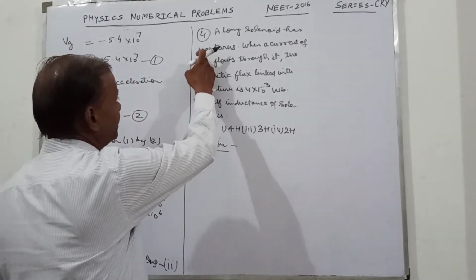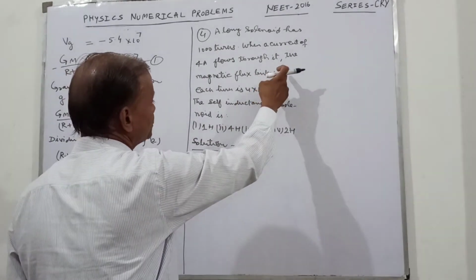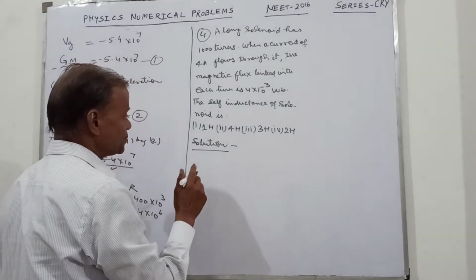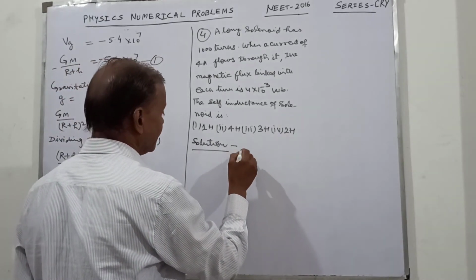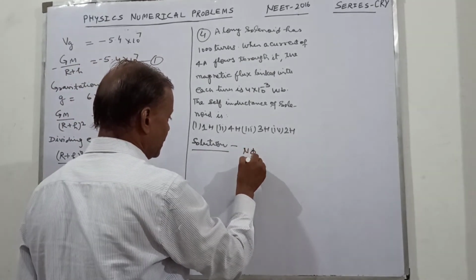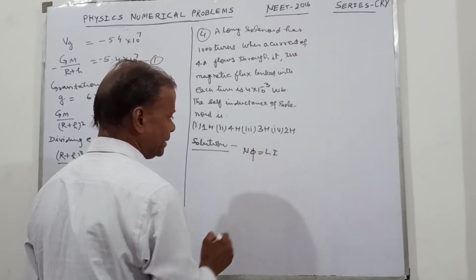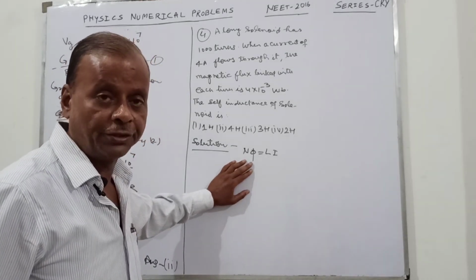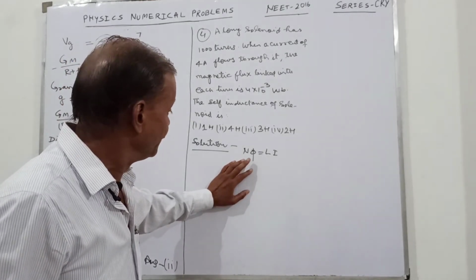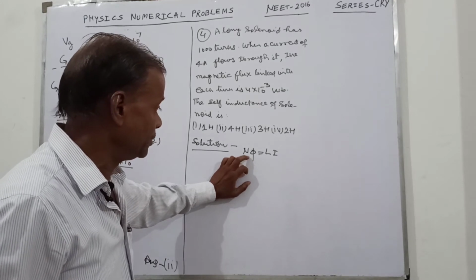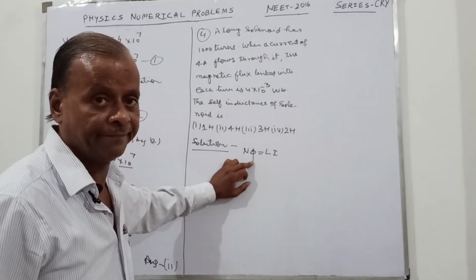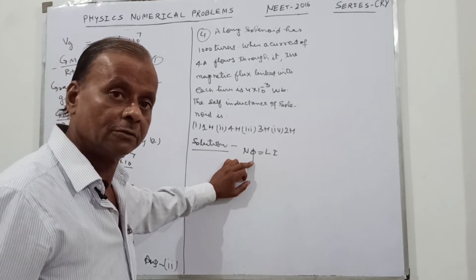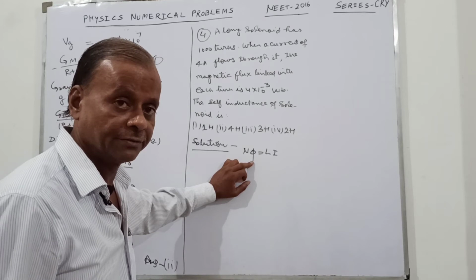Current is given here, and the number of turns. So N phi equal to L i. This is the relation. In the theoretical part, it is written only as phi, not N phi, where phi is the total flux linked with the coil or the solenoid.